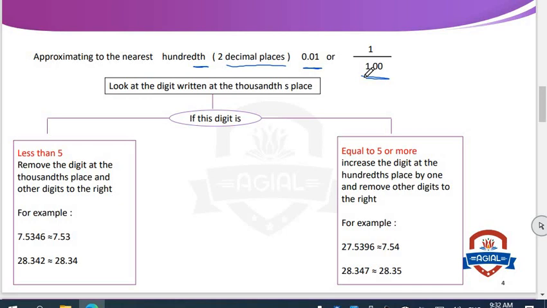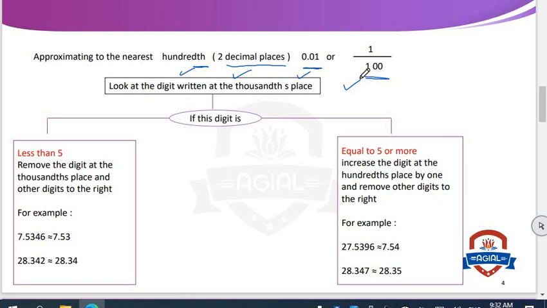Hundredths means two decimal places means 0.01 means 1 over 100. How can we approximate to the nearest hundredths?